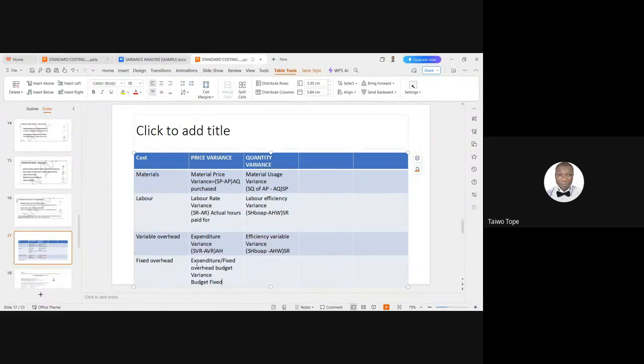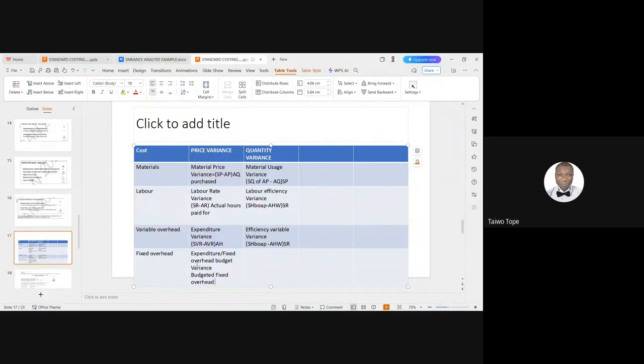Budgeted fixed overhead, writing it in full, less actual fixed overhead. Please make sure you are writing so that you know how to put it well in your book.